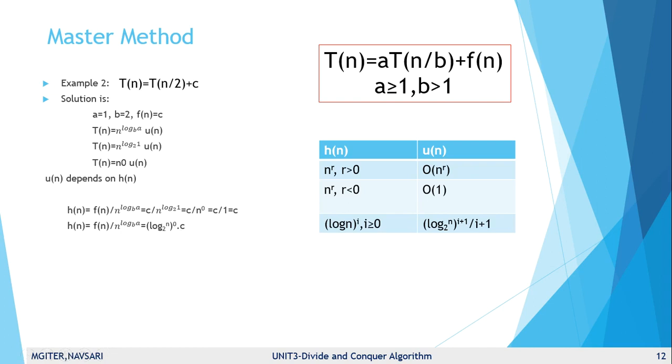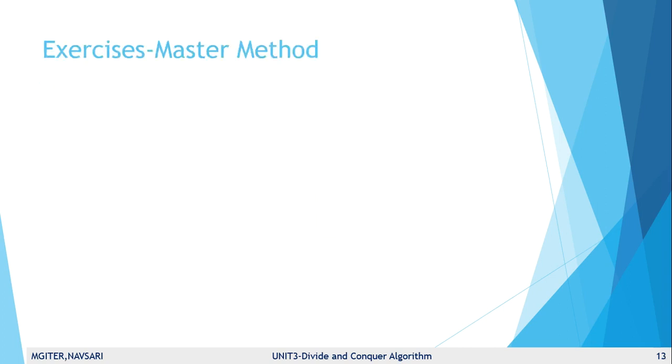Then the value of U(n) is log base 2 n raised to i plus 1, where i is equal to 0, so 0 plus 1 is 1, divided by 0 plus 1 is 1. So it is log base 2 n. So the time complexity of the given form is equal to log base 2 n.